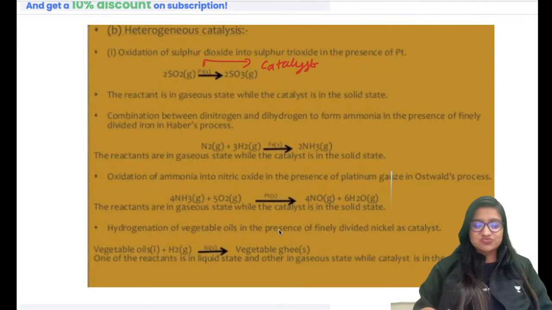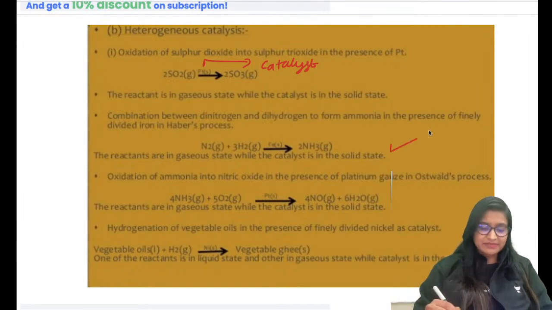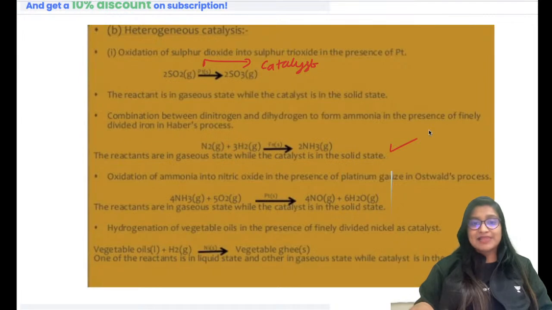Okay, so that's what we did in case of Haber's process. The reactants are in the gaseous state while the catalyst is in the solid state. That's exactly what we discussed. Another example can be oxidation of ammonia into nitric oxide in the presence of platinum gauze in Ostwald's process, right?